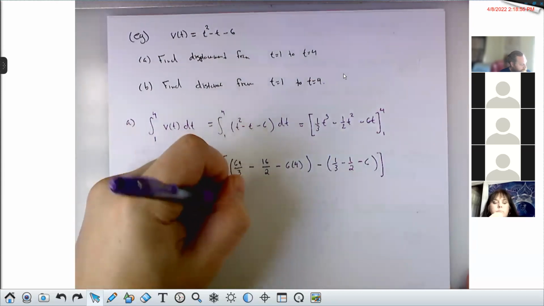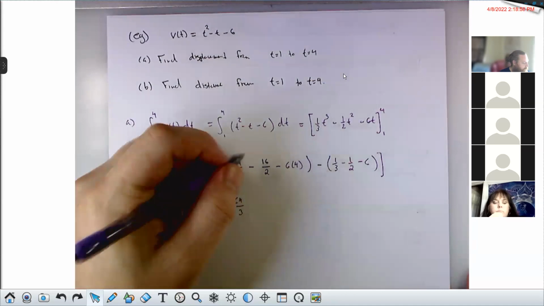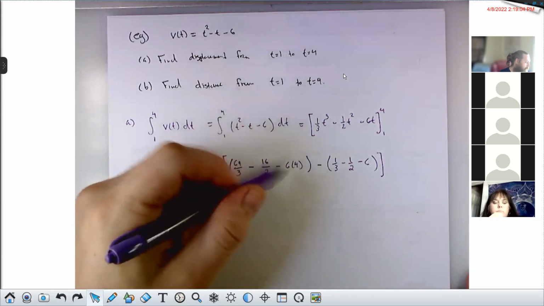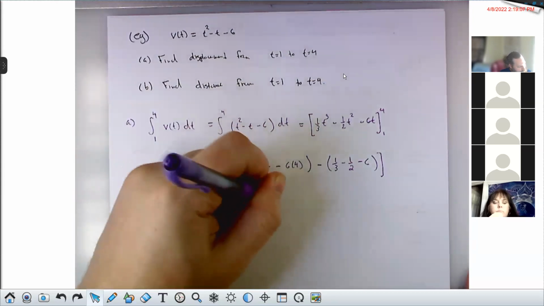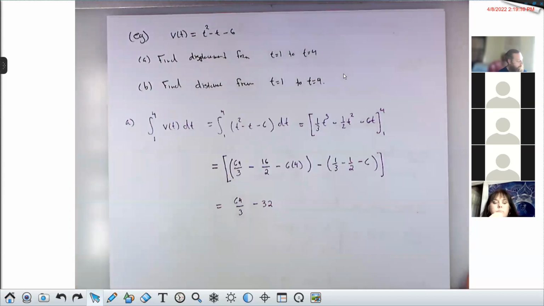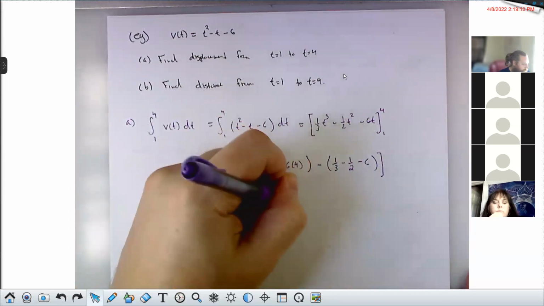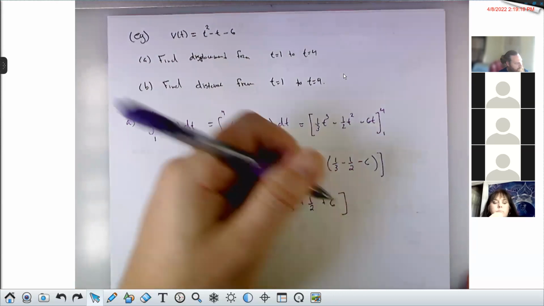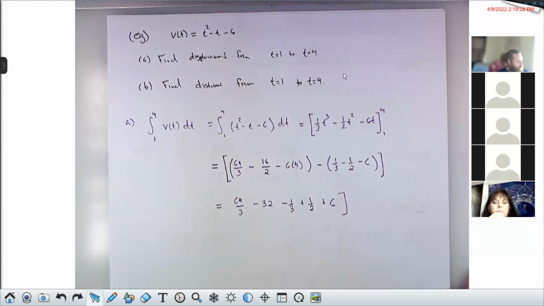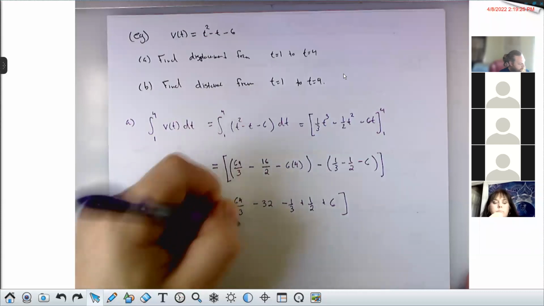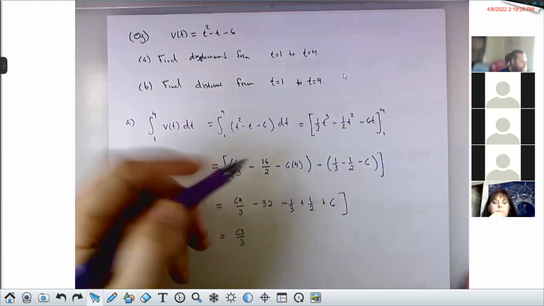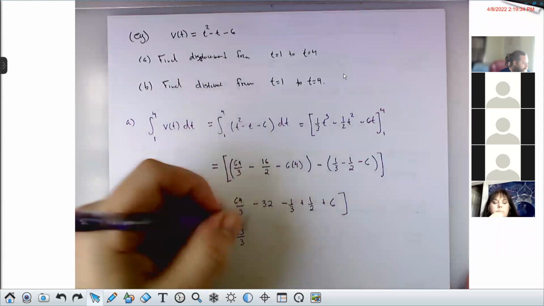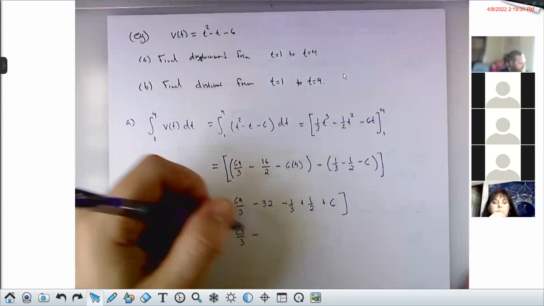64/3 is not an integer, so I'll leave him be. 16/2 is 8. 6 times 4 is 24. Negative 8 minus 24 is negative 32. And then over here, I'll have minus 1/3 plus 1/2 plus 6. So the 64/3 and minus 1/3, that is 63/3 minus 32 and positive 6. I can write that as a minus 26.